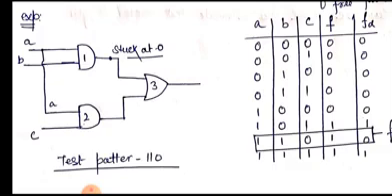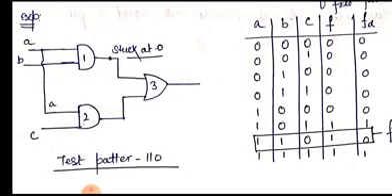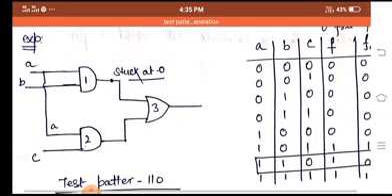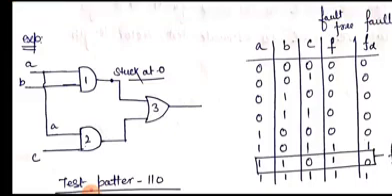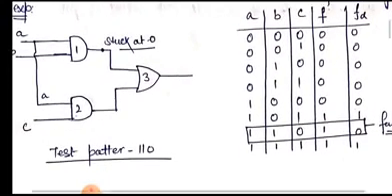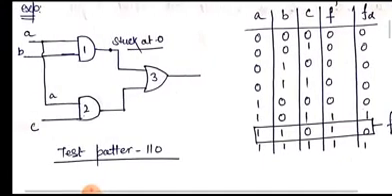For the first combination, A and B are 0, so we get a 0, and stuck at 0 means there is no change. Then A and C is also 0, so we get a 0 output, and the faulty output is also 0, no problem at all. For the second combination, A and B is 0, so we get a 0, and with A is 0 and C is 1 it doesn't make any difference, we get a 0 output, and the faulty output is also 0.